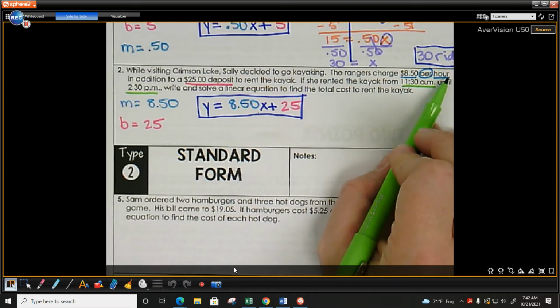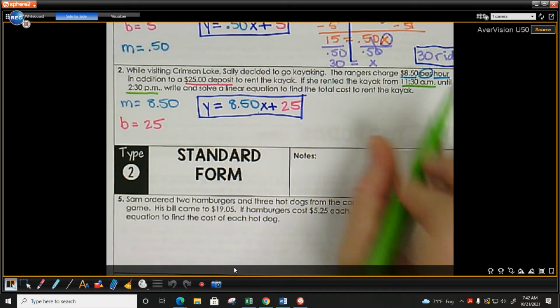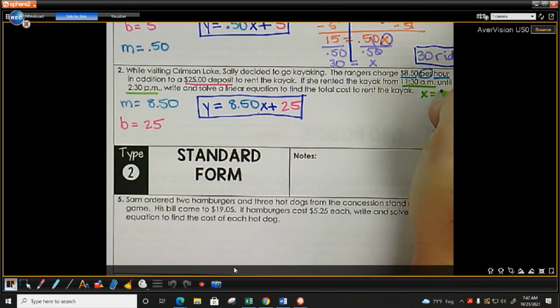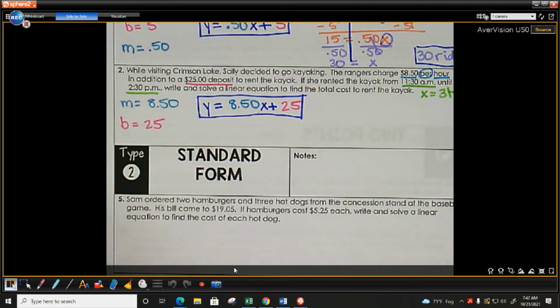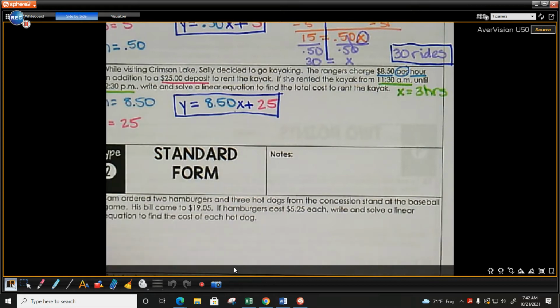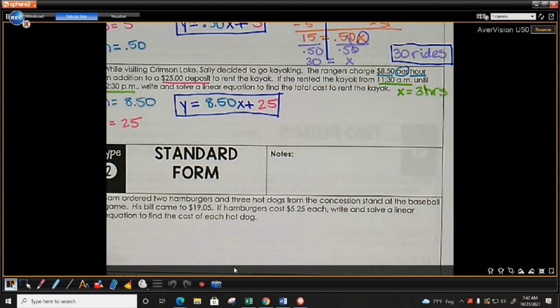Hour. So hours is your X. So X is 3 hours. Do we see why this time they're giving me the X and not the Y? What does the Y represent in this situation, guys? Total cost. Good job.